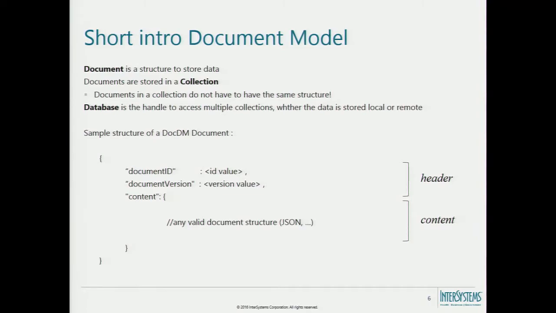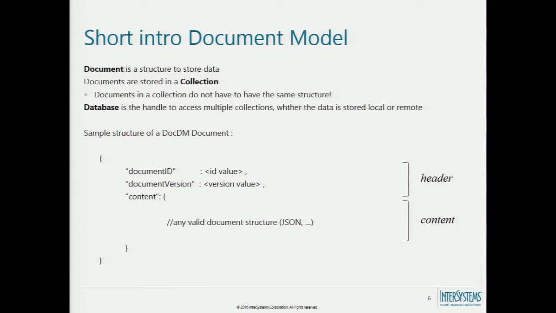If you're using REST, this is the kind of document that you would expect. So we have a header, which contains the two key values, document ID and document version, and then a content, which will contain the actual document that you're going to use. And in that content, you do whatever you want, as long as right now it's a valid JSON structure. The documents in a collection don't need to have the same structure.